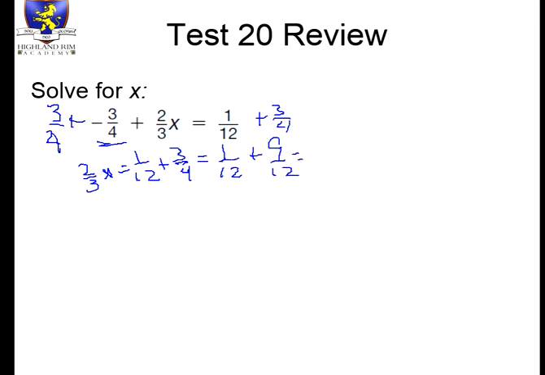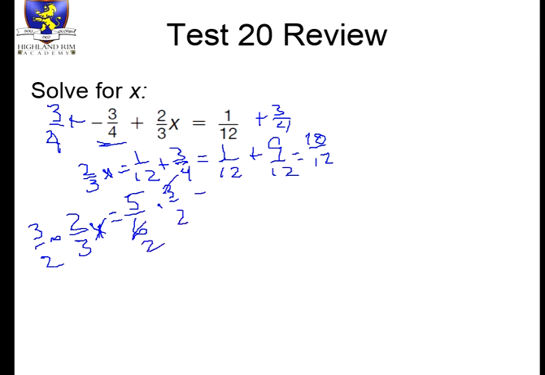Which is 10/12, or 5/6. So now we have 2/3 x is equal to 5/6. So we multiply both sides by 3/2. And we end up making that a 2, and we end up with x equals 5/4, and that's your answer, guys.